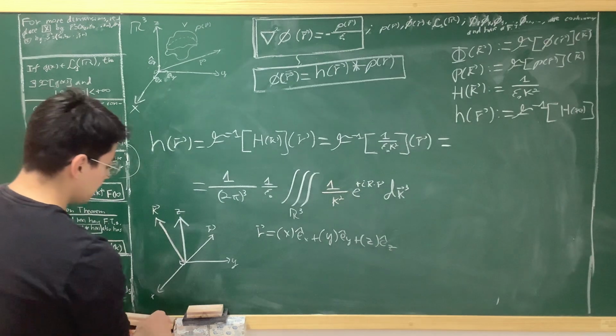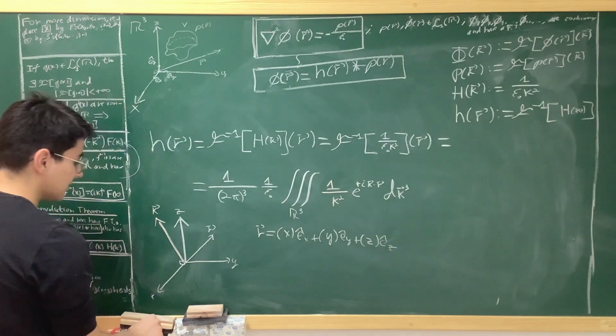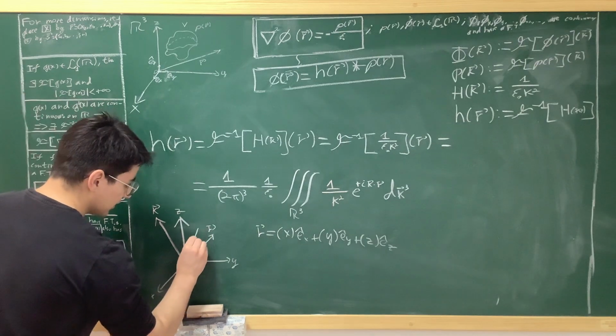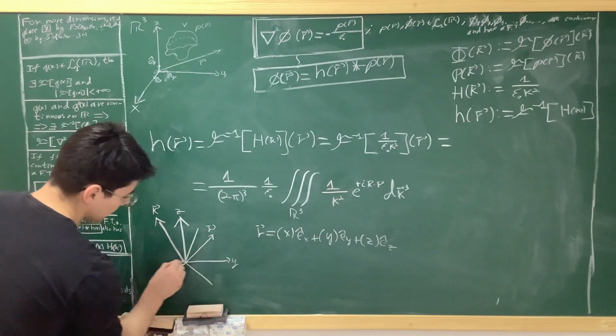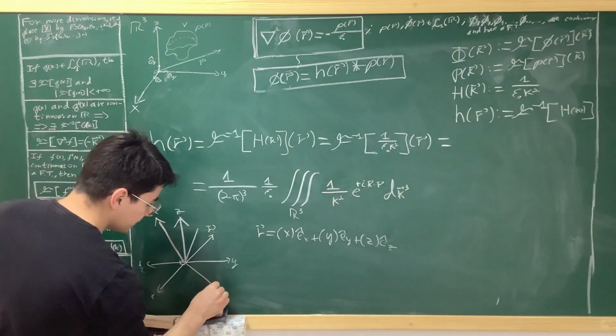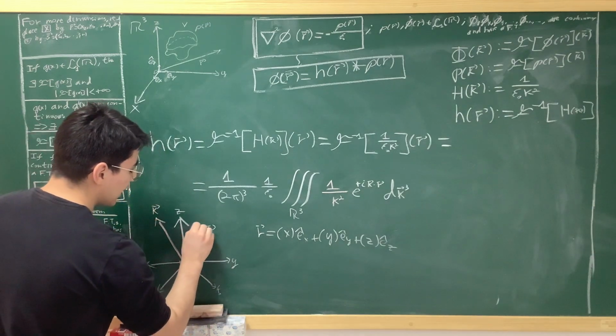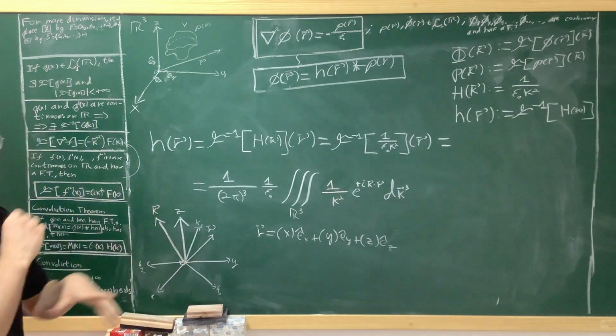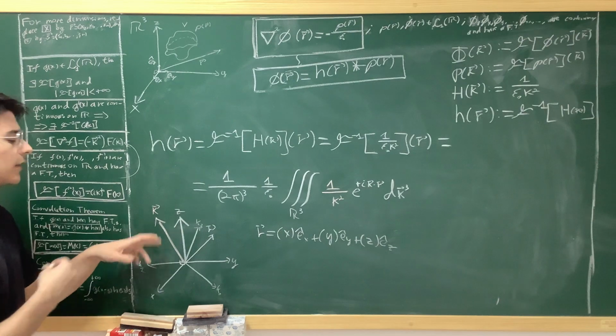So let's just define a new set of axes like this, with the same origin, and let's say that this is k1, k2, and k3. The coordinates of r will change, of course, and the coordinates of k will change.